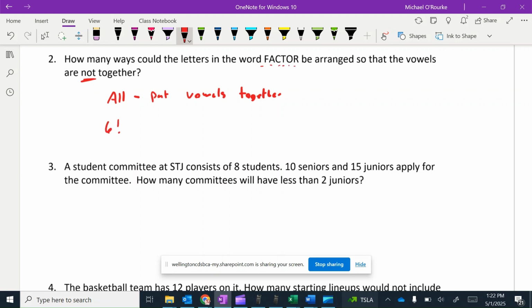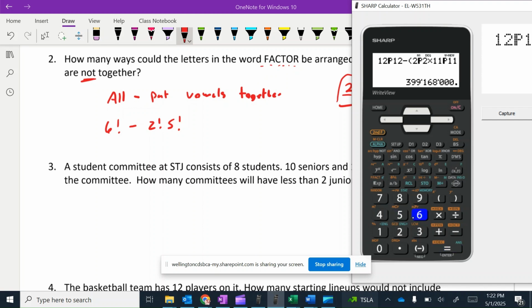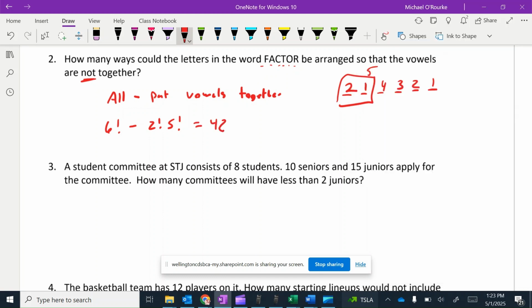So I have 6 factorial. 6, I'm going to put them in a box. 2 and 1. 2, 3, 4, 5. Minus 2 factorial. 5 factorial. So 6 factorial minus 2 factorial times 5 factorial. 480 is my answer.